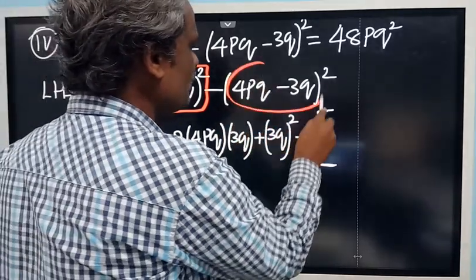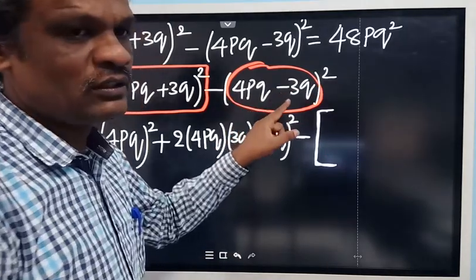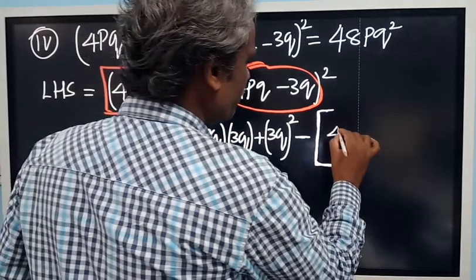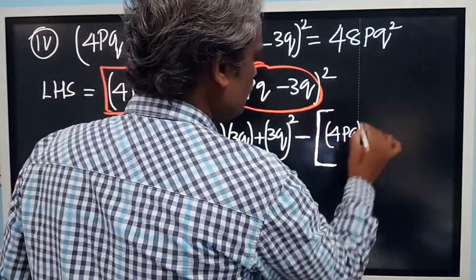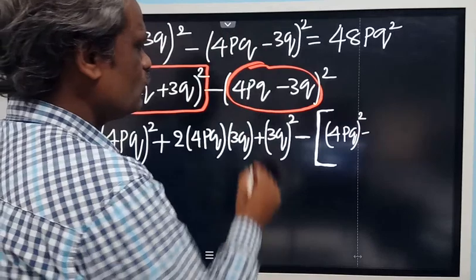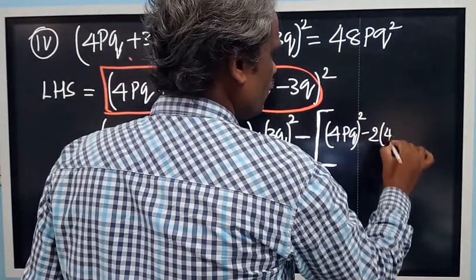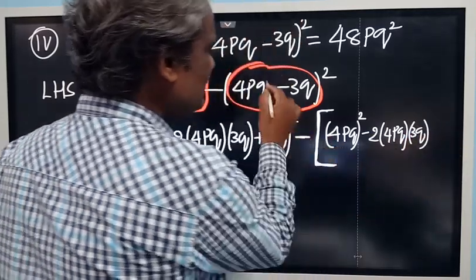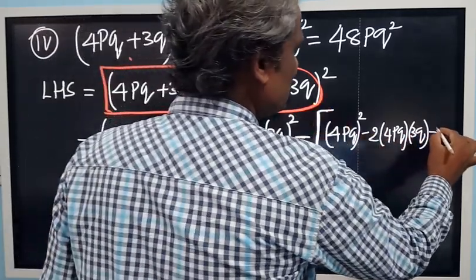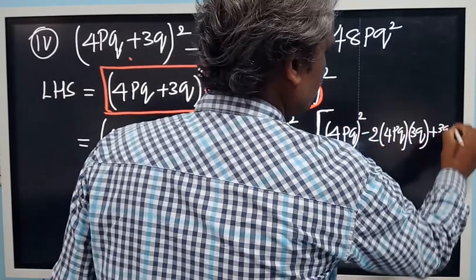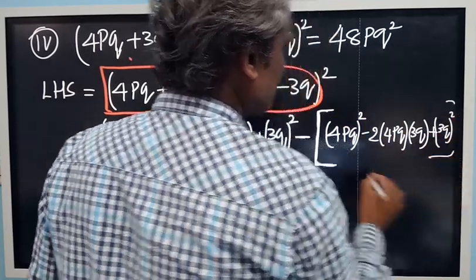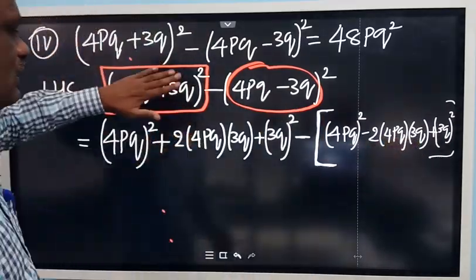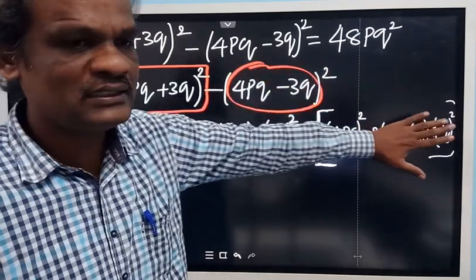Now you apply (a − b)² to this one. (a − b)², you know, is a² − 2ab + b². So a² means (4pq)², minus 2ab, 2 into 4pq into 3q, a² − 2ab + b², that is (3q)². So that is the expression we have expanded using the formula.